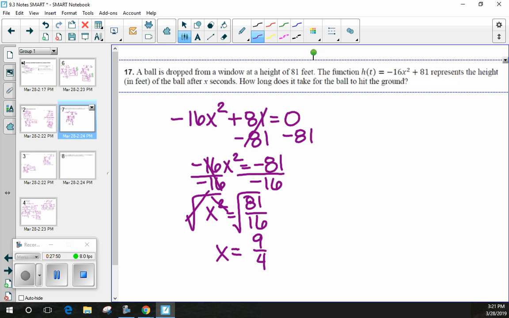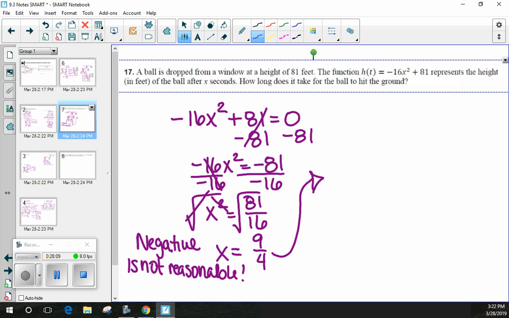So we've got to think about the reasonableness of our answer. And in this case, guys, a negative is not reasonable. Right? So our solution here is it's going to take 9/4, which is about 2.25 seconds, if that helps.